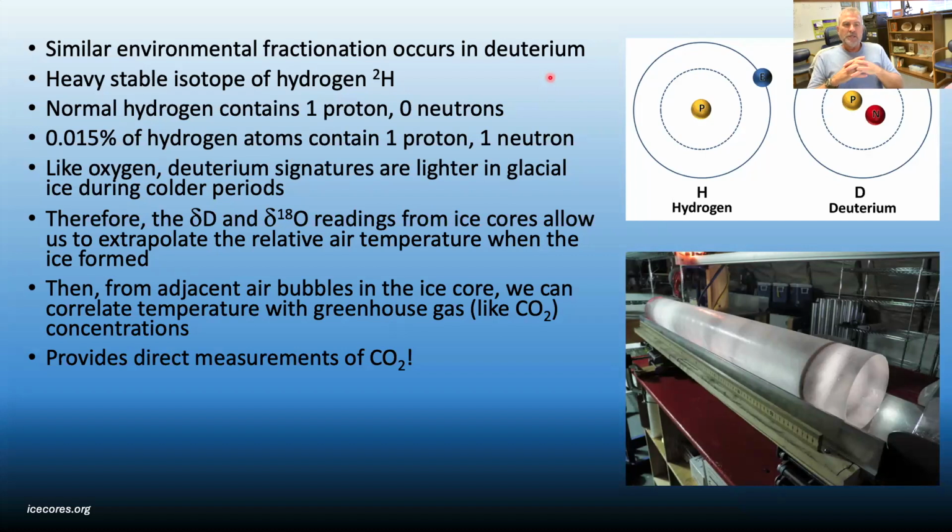Okay. So we can take that data and compare it to air bubbles in the ice core with greenhouse gases like carbon dioxide. And this provides a direct measure of the temperature relative to the amount of carbon dioxide that was present at that time. Okay. So again, I just think this is really remarkable.